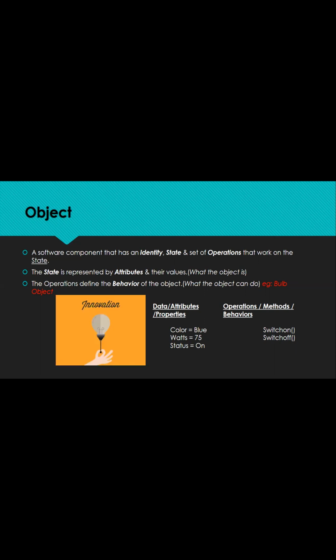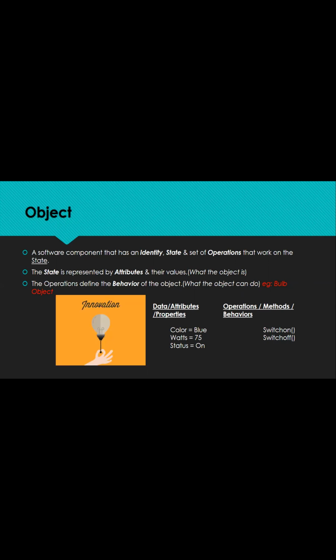The things that describe it, we can call data, or attributes, or properties. Am I clear? This bulb is just an object; what I'm telling about this bulb we can call state, or data, or attributes, or properties. At the same time, whatever you can do with the bulb is known as operations, or we can call it methods, or behaviors of the object. Understood?